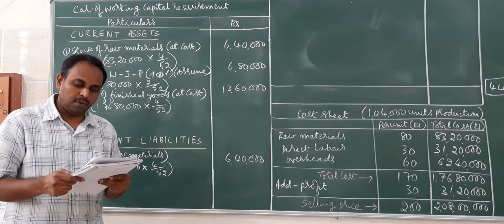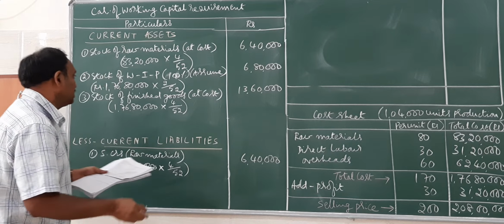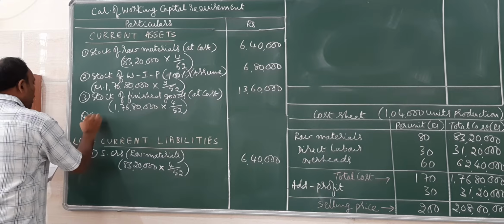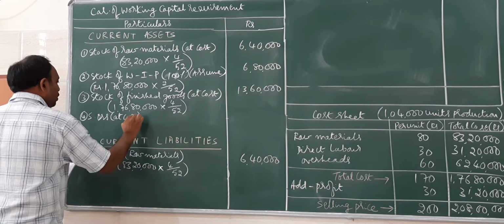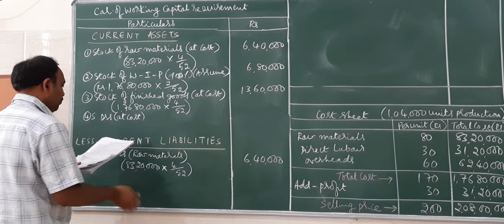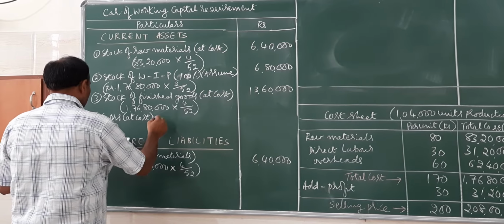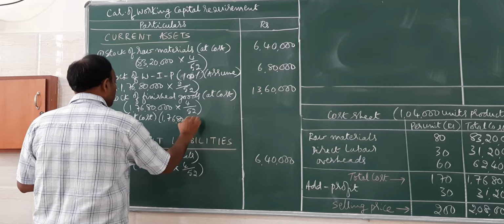Next, credit allowed to customers 2 months. Credit allowed to customers is sundry debtors. So as I told you earlier also, debtors is usually calculated at cost, and you are going to find 1,76,80,000.